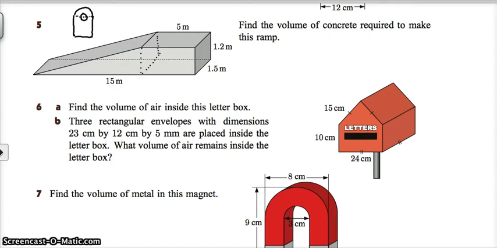Now, a rectangular prism you should be able to work out the volume of. It's the area of the cross section times by the depth. That should be relatively simple. Could be difficult. I'd find it difficult, but someone like you should find it easy.